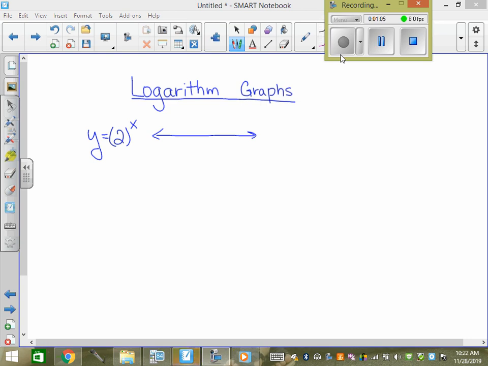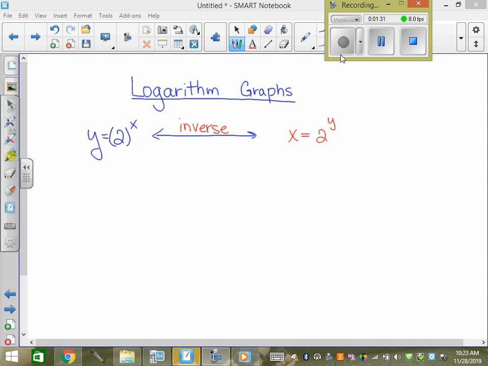Okay, so if we want to find the inverse of it, when I say inverse, we always say swap the x and y. So we're going to go x equals 2 to the y. That's lovely, but when you find the inverse of the equation, remember you can swap the x and y, so then you have to get it to y equals.